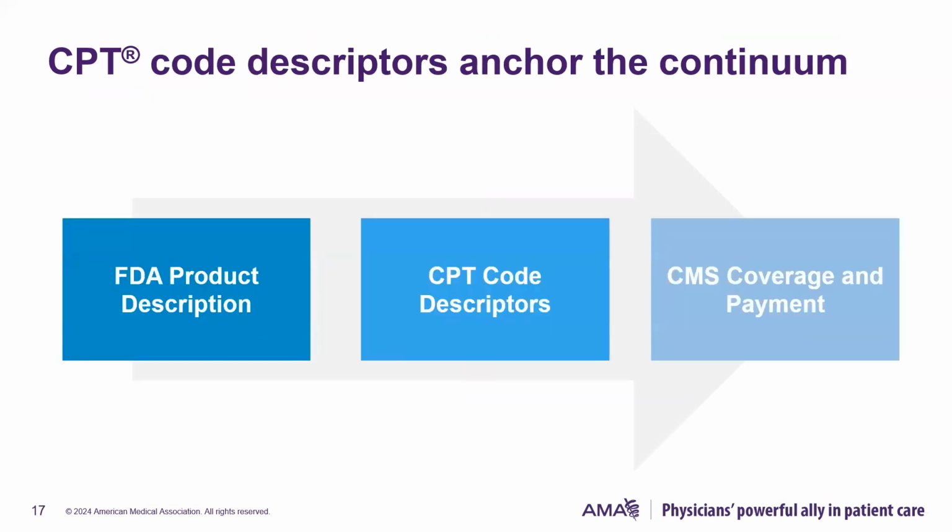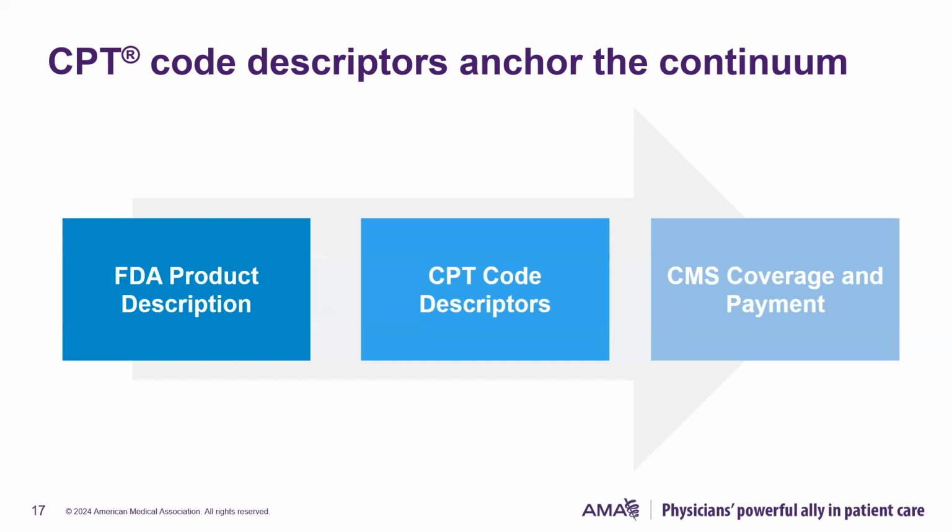Consistent nomenclature around AI in CPT code descriptors is important because CPT code descriptors anchor the continuum from product labeling to coverage and payment. The taxonomy provided in Appendix S captures current and foreseeable classifications for medical AI applications, and it was designed to take into account product design, features, and functions on the near horizon.